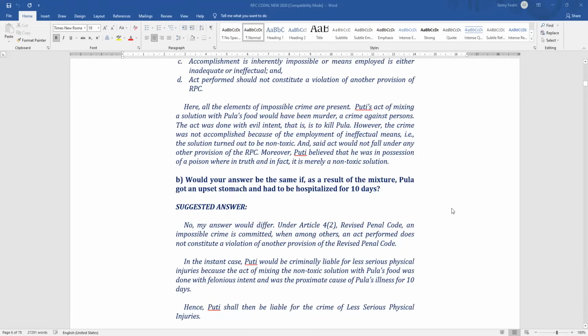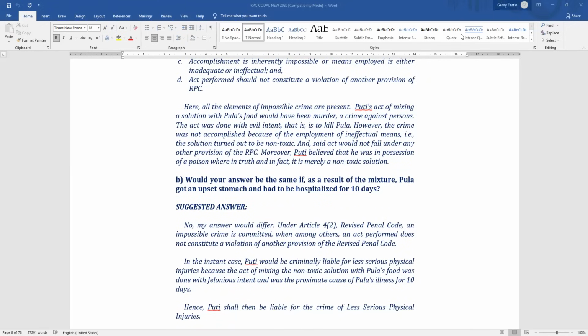Because he already committed the crime of less serious physical injuries, if the victim got an upset stomach which necessitated confinement at the hospital for 10 days.